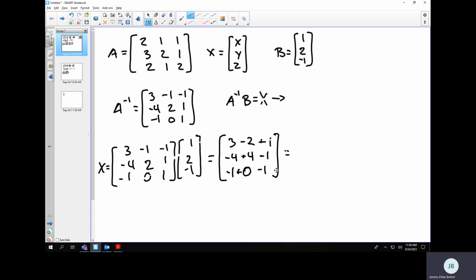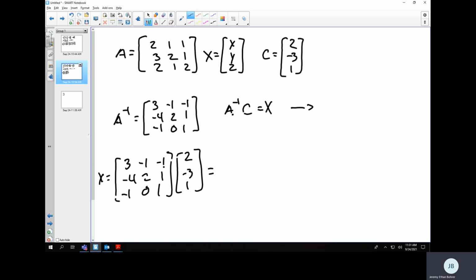We add that together and we get 3 minus 2 is 1, plus 1 is 2. -4 plus 4 is 0, minus 1 is -1, and -1 plus 0 is -1, minus 1 is -2. There is our X for this matrix.